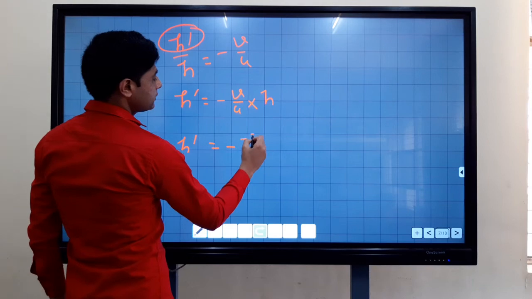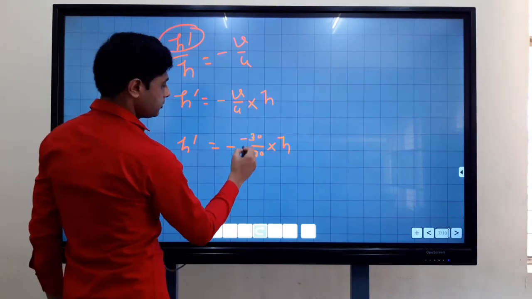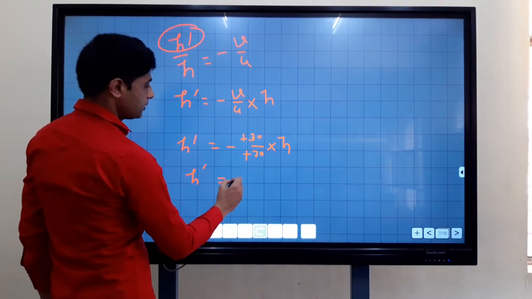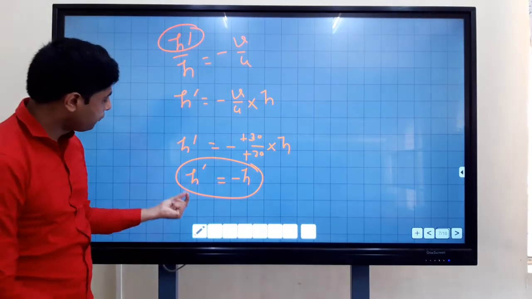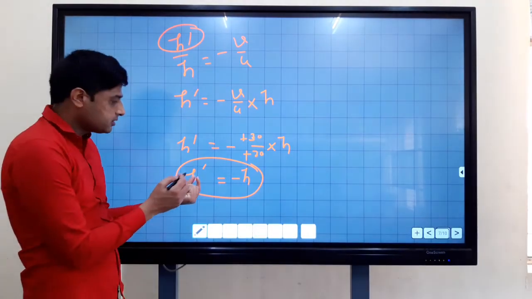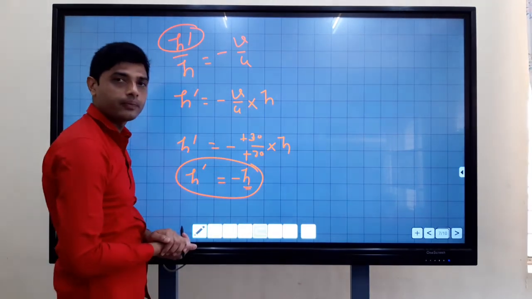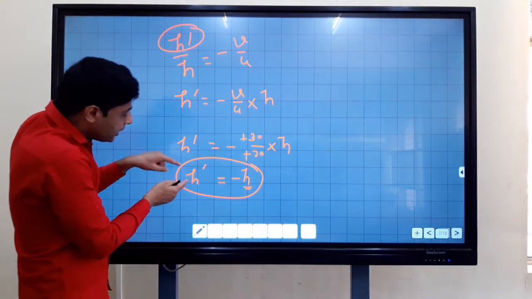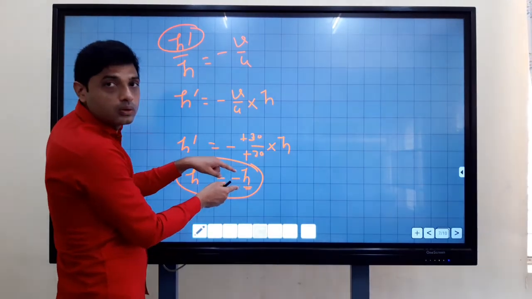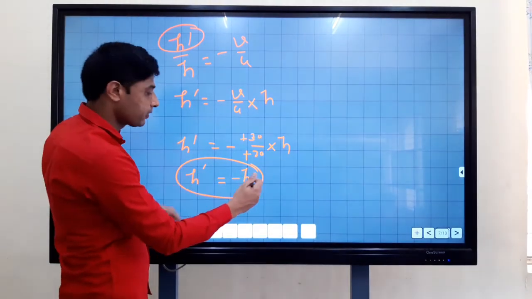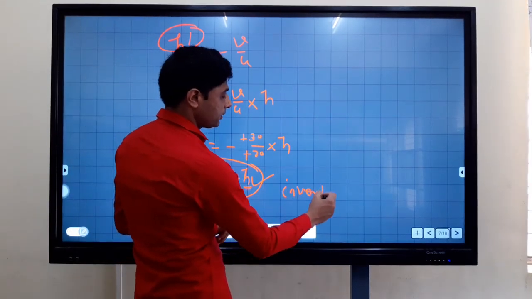The value of v is minus 30 and the value of u is minus 30, into h. Minus minus is plus, so h dash equal to minus h. The sign of the image is negative to the sign of the object. It means the image is inverted.